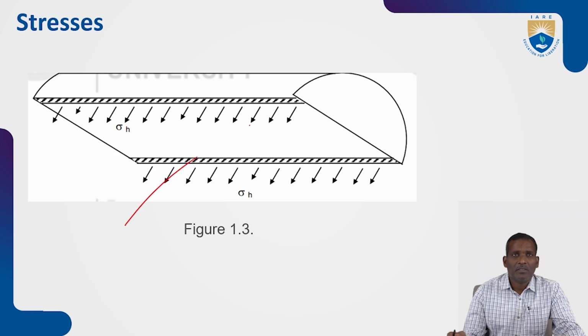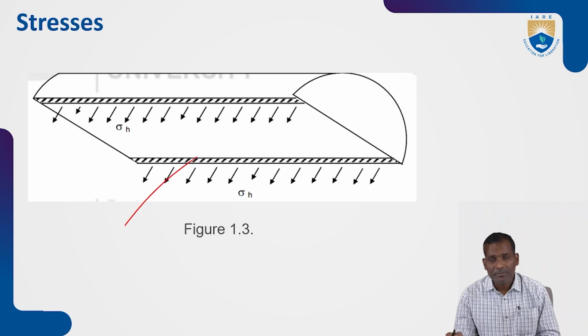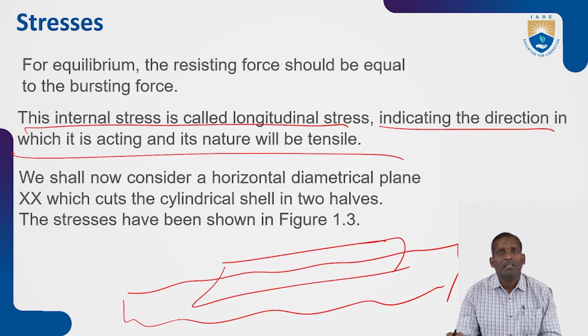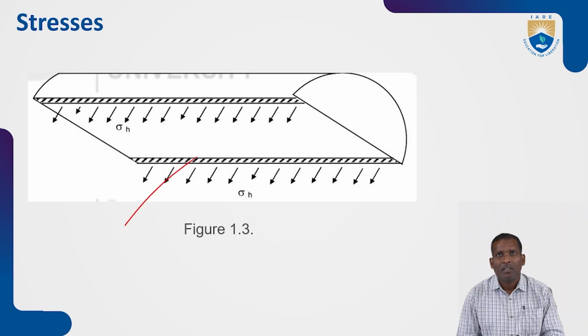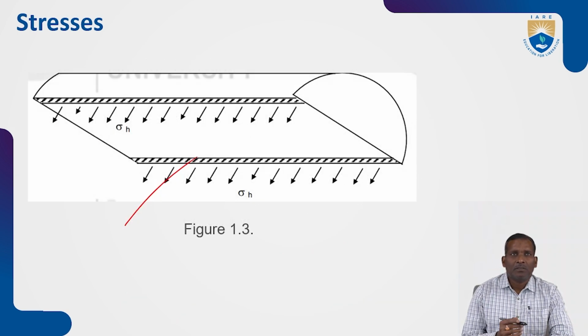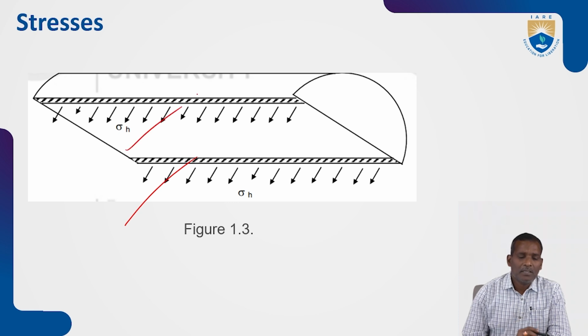See, horizontally, whenever we cut the cylinder, which cuts the cylindrical shell into two halves, the resisting stress shown here is sigma h, which is called the hoop stress.